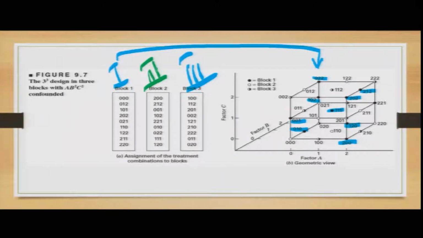Block 2 would be 1, 2, 3, 4, 5, 6, 7. Where is 1, 2, 3, 4, 5, 6, 7, and where are the rest? 1, 2, 3, 4, 5, 6, 7, 8, 9. Let me check.